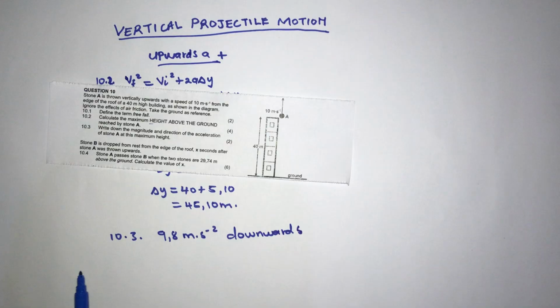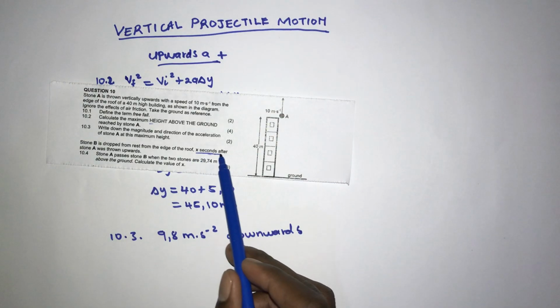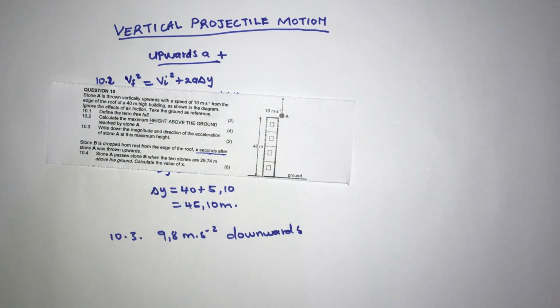Now, stone B is dropped from rest, from the edge of the roof of the building, X seconds after stone A was thrown upwards. Stone A passes stone B when the two stones are 29.74 meters above the ground.